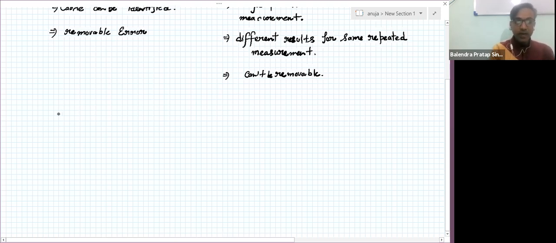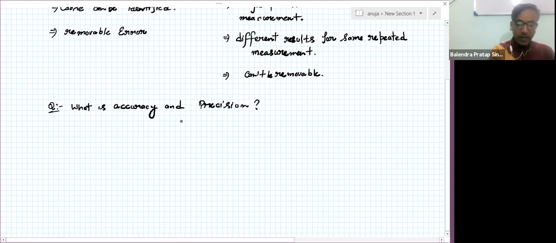Suppose you have an object whose mass is exactly defined as 0.520. It's the exact value, the true value.